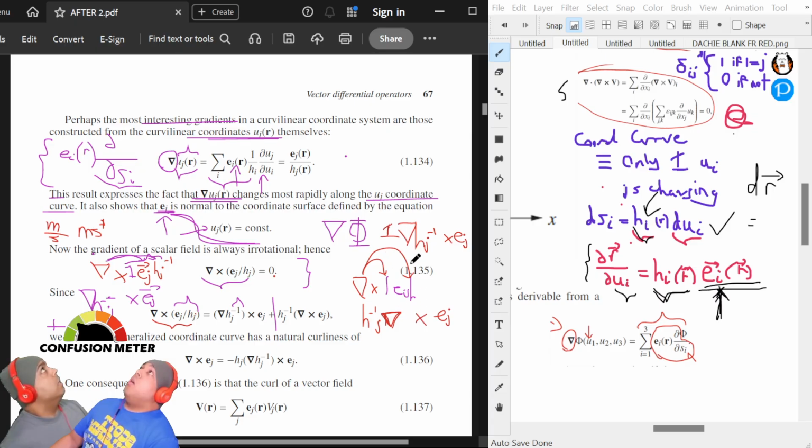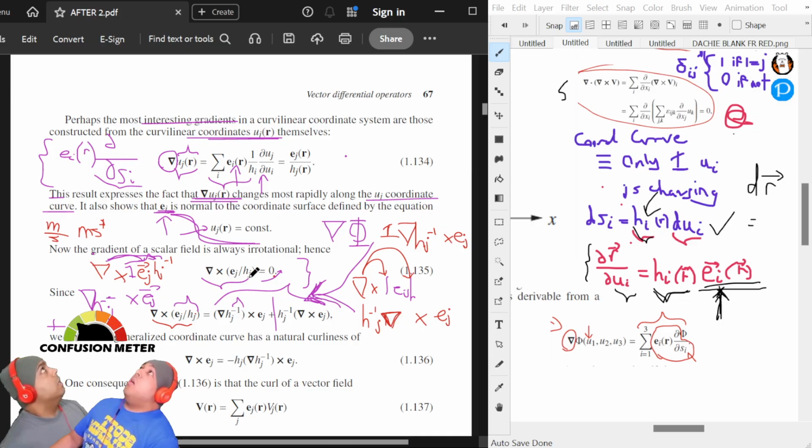Does that make sense? It makes it look like this. We will go with that for now. The gradient is also irrotational, hence this equals 0. Wait, this equals 0. So this entire thing equals 0.